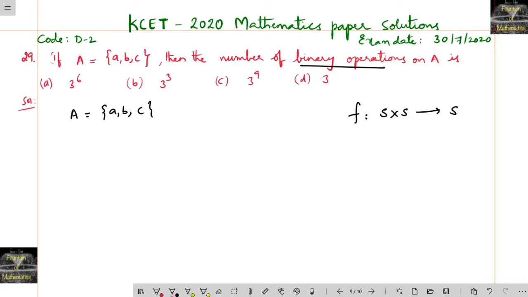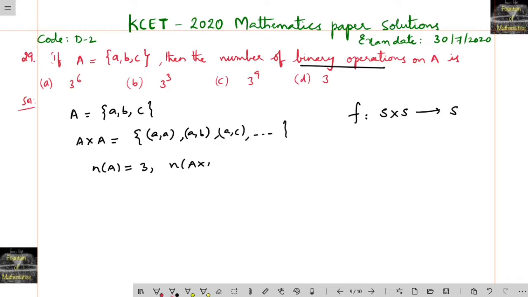Then what is A cross A? You will get some ordered pairs, right? (a, a), (a, b), (a, c), (b, a), (b, c), and so on. How many ordered pairs will be there here? If the number of elements in A is 3, the number of elements in A cross A will be 3 square, or 9.